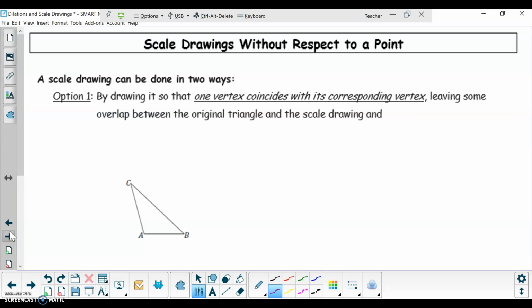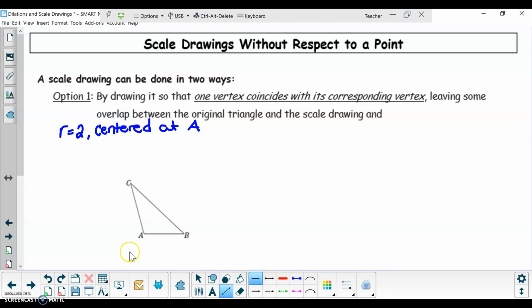If you look at option 1, we're going to dilate this triangle by a scale factor of 2, centered at vertex A. I'm going to use vertex A as my center of dilation. Really, they could have you use any vertex. A was just the one that I picked.